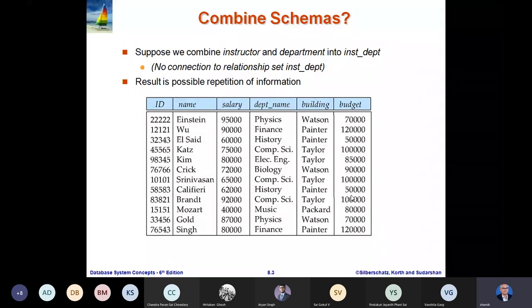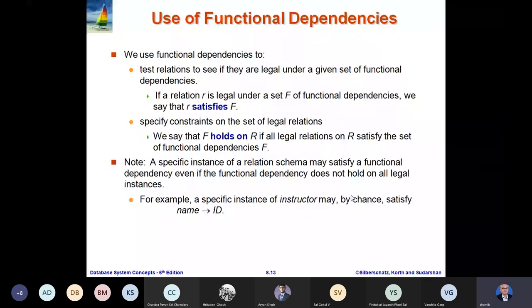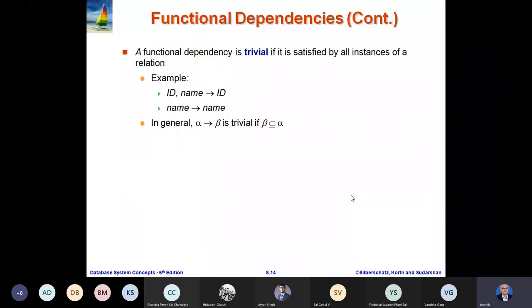If we say that name does not functionally determine ID, that would mean that we can have repetition of names, the same name for different IDs. But the ID to name FD would mean that given a fixed value of ID, the name itself will get determined. So that is what is mentioned here, that a specific instance of a schema may satisfy an FD even if the FD does not hold on all legal instances. And this is the example that I just now mentioned.